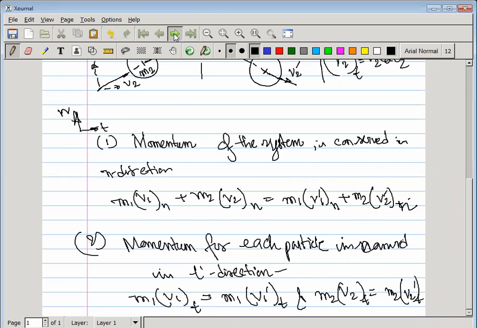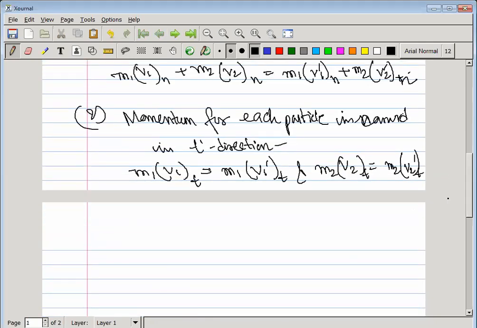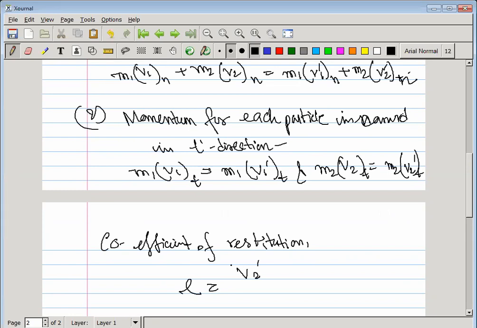Now if we want to write the coefficient of restitution here, it is nothing but e is equal to v2 dash along normal minus v1 dash along normal, divided by v2 minus v1 along normal, and there is a minus sign here.